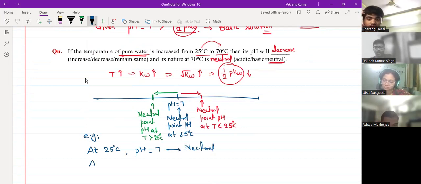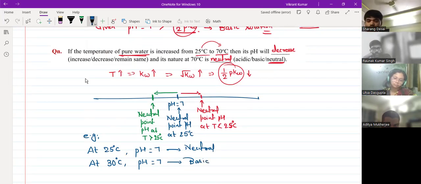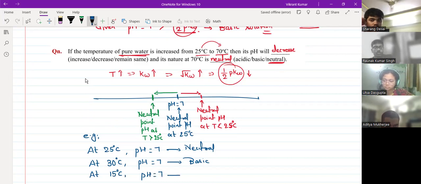If I say at 30 degrees C, pH equals 7, what will be its nature? Basic. It will become basic, because neutral point pH has become less than 7, so 7 is coming in the basic region. And similarly, if I'm saying 15 degrees C and I'm having pH equals 7, now it will become acidic.